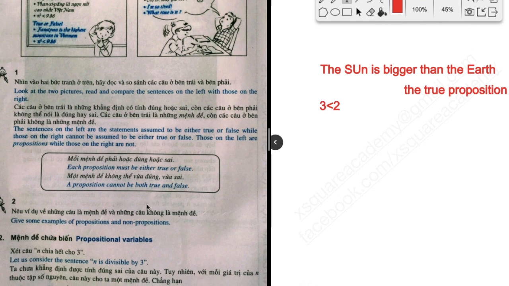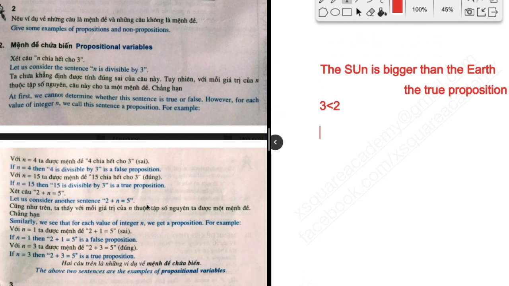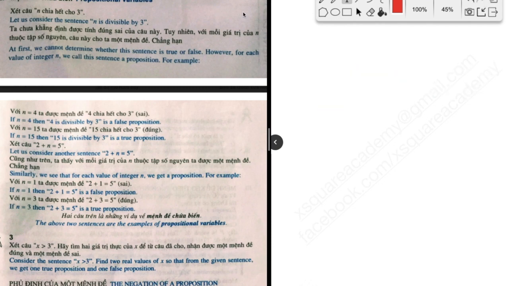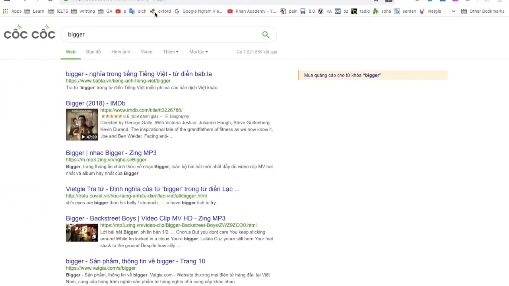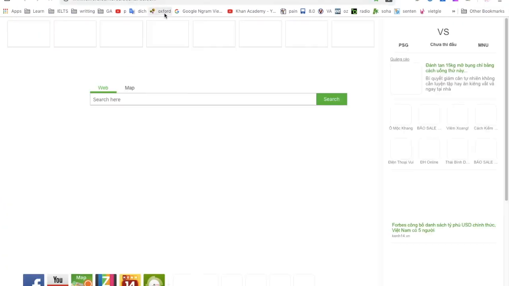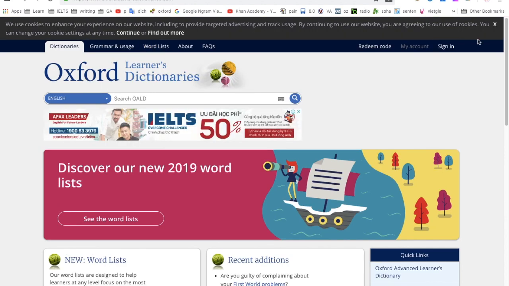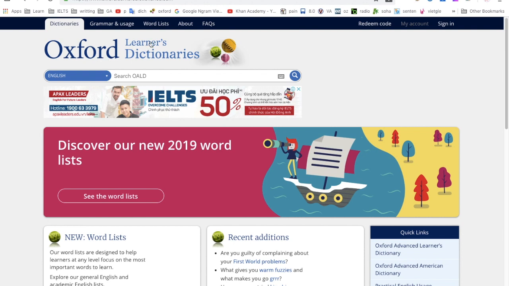And in the second section, we have to learn about propositional variables. What are variables? If you don't understand what a variable is, you can use a dictionary. A Forth learning dictionary is the best dictionary I recommend to you.